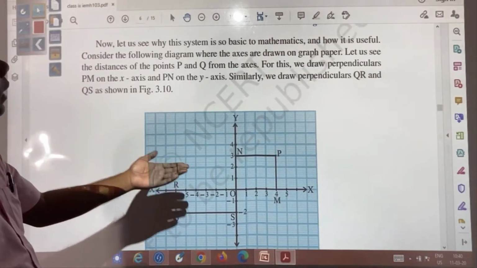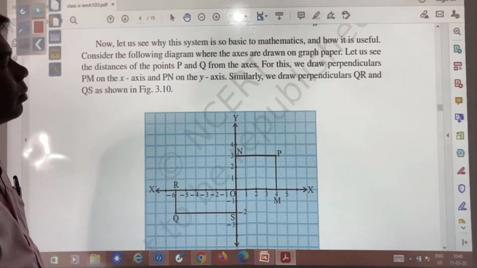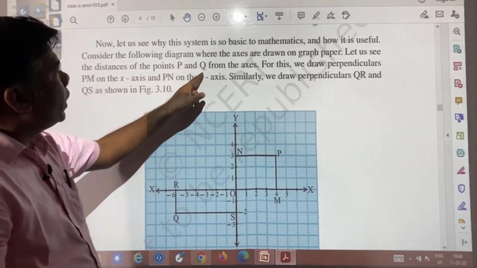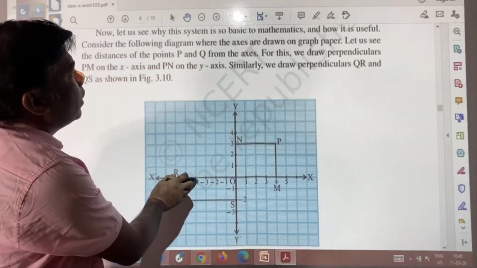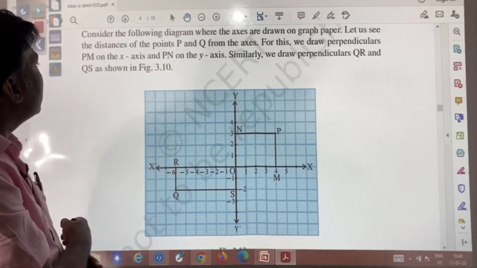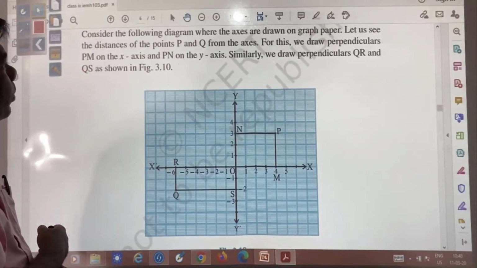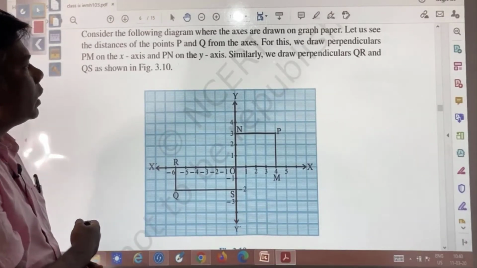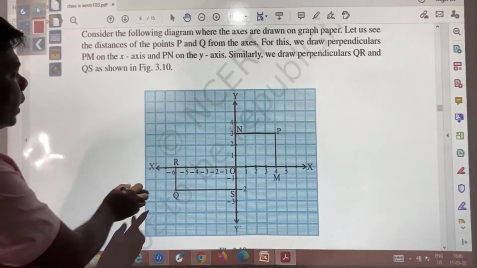Consider the following diagram where the axes are drawn on graph paper. Let us see the distances of the points P and Q from the axes. From P we draw perpendiculars PM on the x-axis and PN on the y-axis. Similarly, we draw perpendiculars QR and QS as shown.